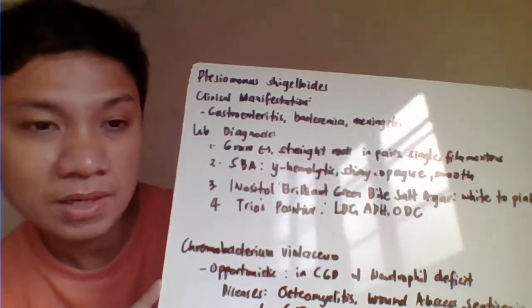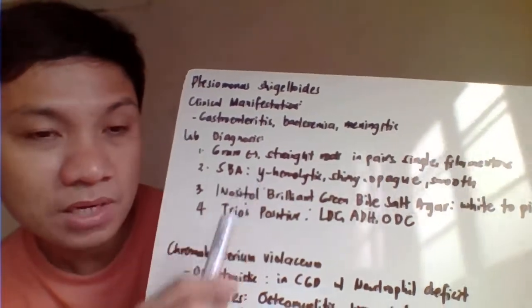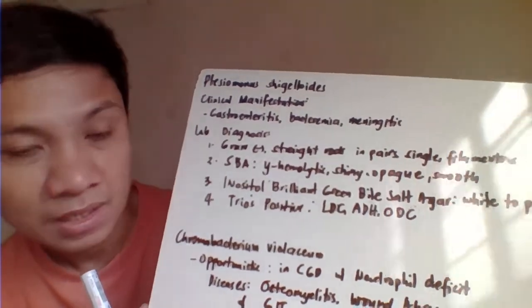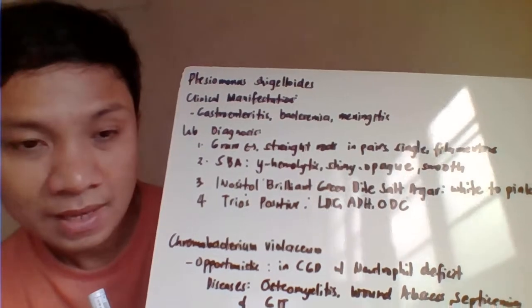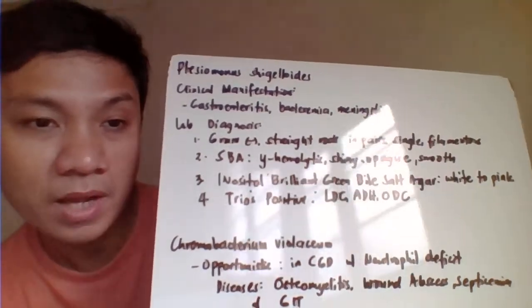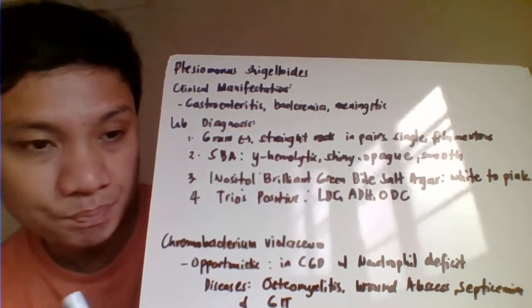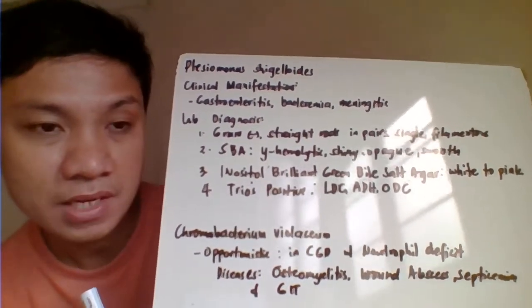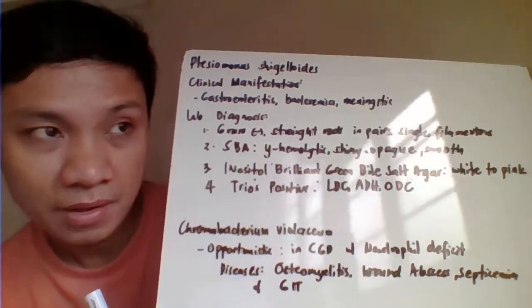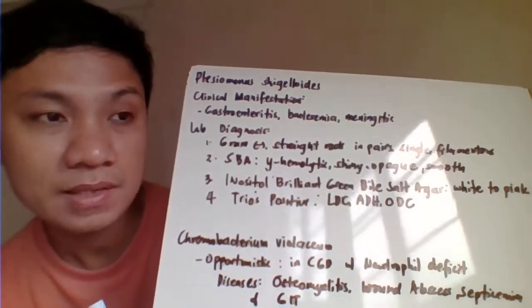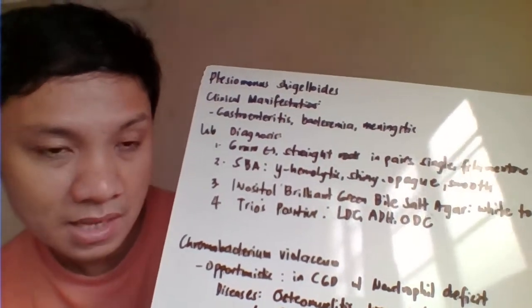In the SBA, it is non-hemolytic, gamma hemolytic, producing shiny, opaque, and smooth colonies. In inositol brilliant green bile salt agar, it has white to pink colonies. Another differentiation is being positive for three decarboxylase tests: lysine decarboxylase, ornithine decarboxylase, and arginine dihydrolase.